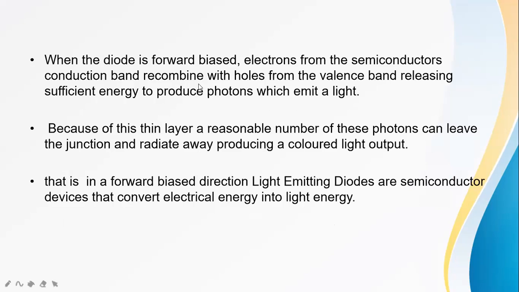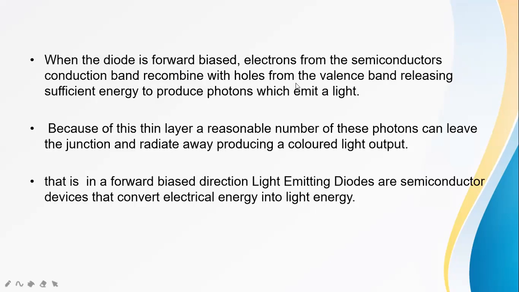When the diode is forward biased, the electrons from the semiconductor's conduction band combine with the holes from the valence band. Forward bias for a PN junction means the anode is connected to the positive and the cathode is connected to the negative. Whenever this LED is forward biased, electrons move from the conduction band and recombine with the holes in the valence band.